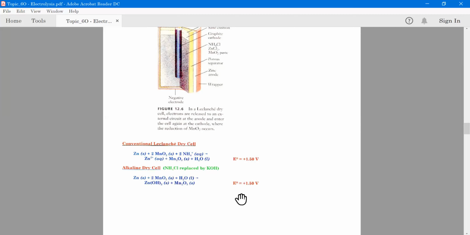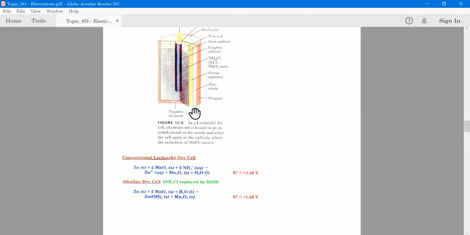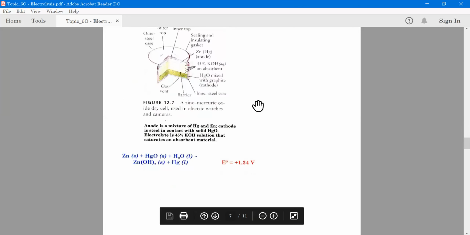It's just that ammonium chloride has been replaced by KOH as the conducting medium. But these are both examples of what are called dry cells. And most of the time now, if you look for flashlight batteries, you'll find that they're always shown as alkaline batteries, alkaline dry cells.